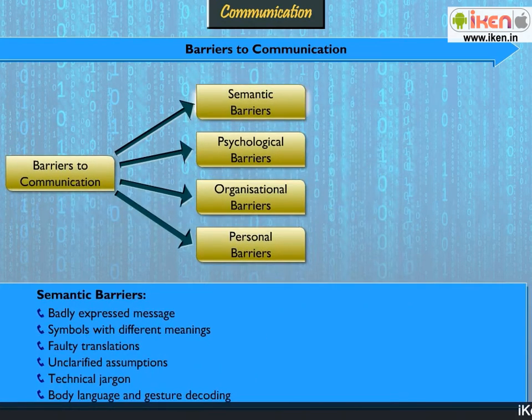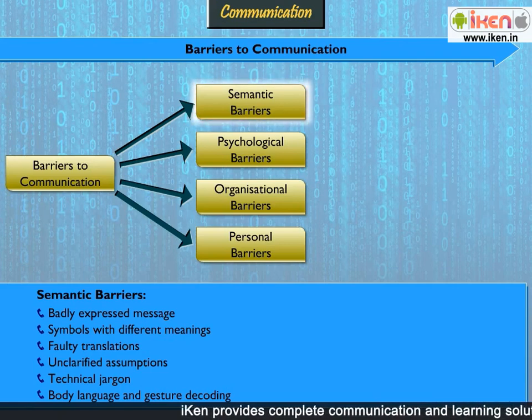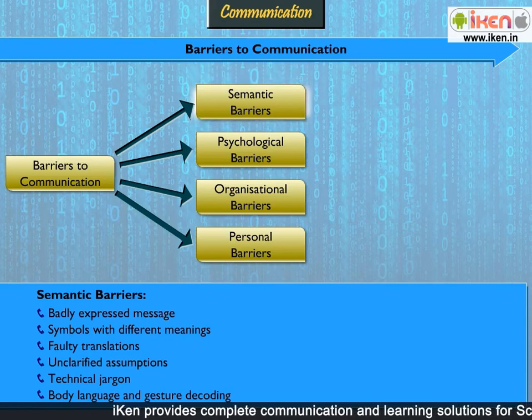Semantic barriers. Semantics is related to meanings of words or sentences. Every word has a direct meaning, called the denotative meaning, and words also acquire implied meanings, called connotative meanings.